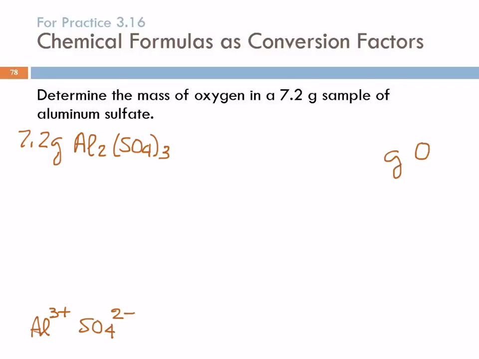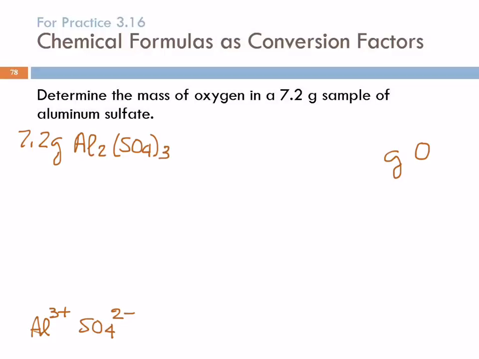Can I go directly from grams of compound to grams of element? Not with the information I'm given. If they gave me a percent composition, percent oxygen, I could do it. I could calculate the percent composition of oxygen, but that would take just as long as doing it the way we're going to do it.